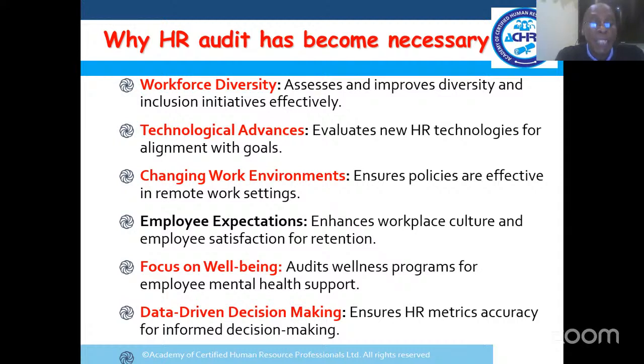And lastly is the data-driven decision-making, which has become the key thing today in modern organizations. HR managers make decisions based on data, be it recruitment or training or performance management or reward. We need to have data.